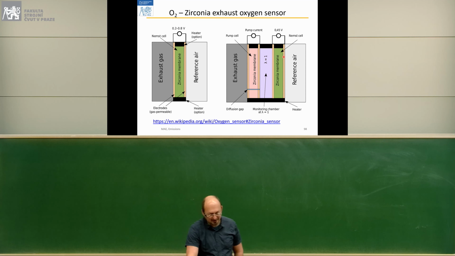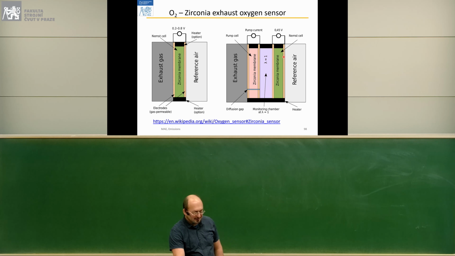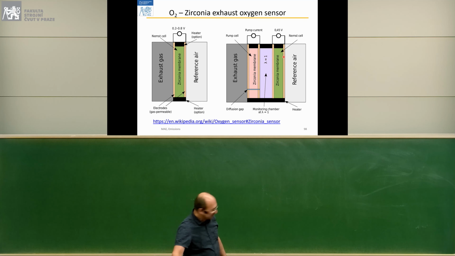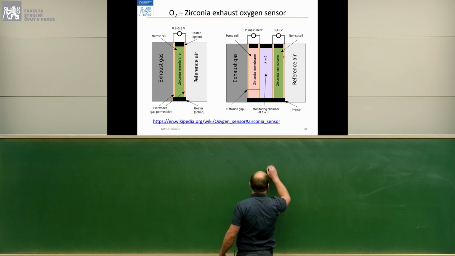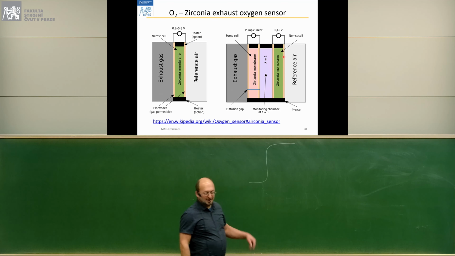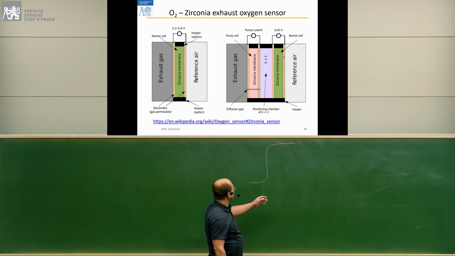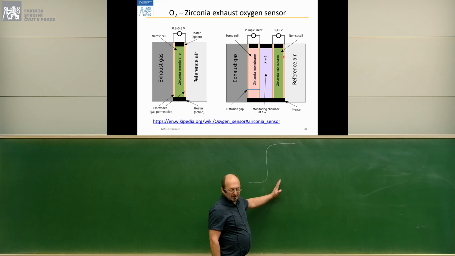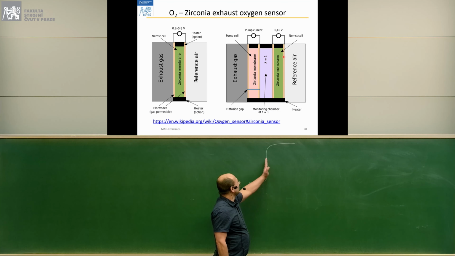That response is rather steep, meaning it measures either you have or do not have oxygen in the exhaust gas, because you get a very steep response, something like this, which is enough to maintain stoichiometric air-fuel ratio, because if you depart to lean or rich, you get large changes in voltage.